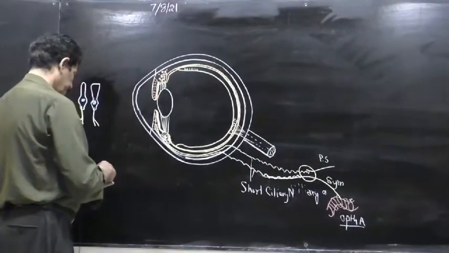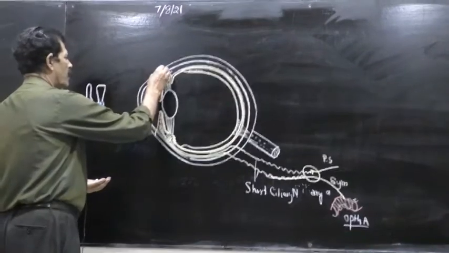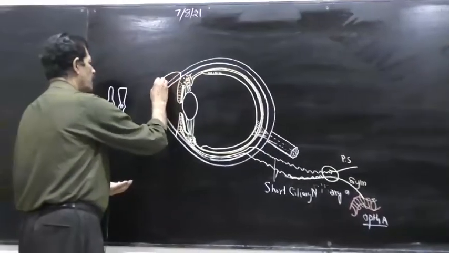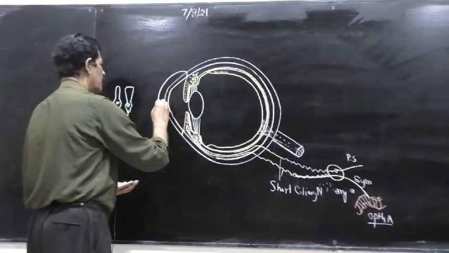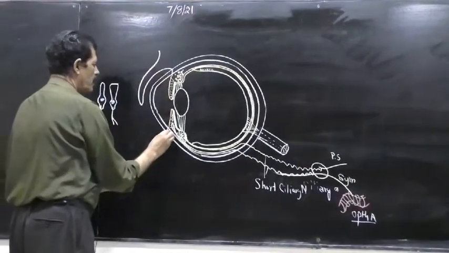Besides this, the eye also has two eyelids, the upper eyelid and the lower eyelid.